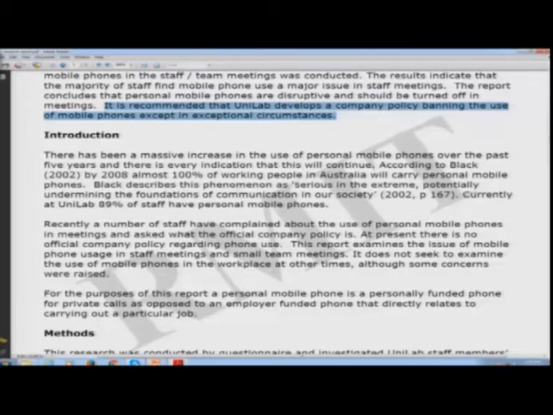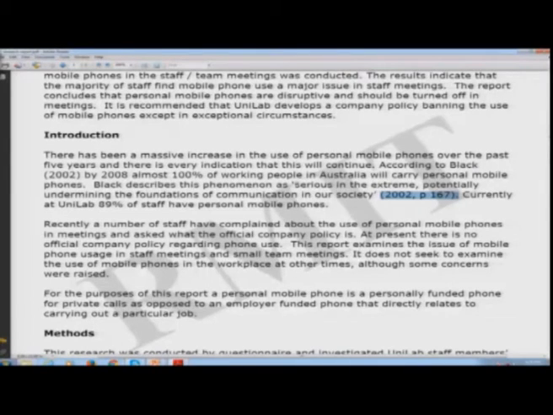Black describes this phenomenon as serious in the extreme, potentially undermining the foundations of communication in our society. 2002, page 167. So, citation styles. Currently, at Unilab, 89% of staff have personal mobile phones.